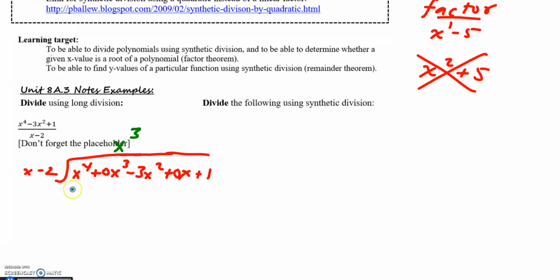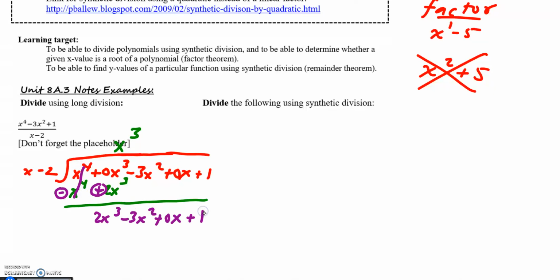X cubed times x is x to the fourth. X cubed times 2 is negative 2x cubed. I am subtracting, so my signs change to minus and plus here. Combine down, 2x cubed minus 3x squared plus 0x plus 1. Does x divide into 2x cubed? Yes. If I take 2x cubed divided by x, that would be left with 2x squared.